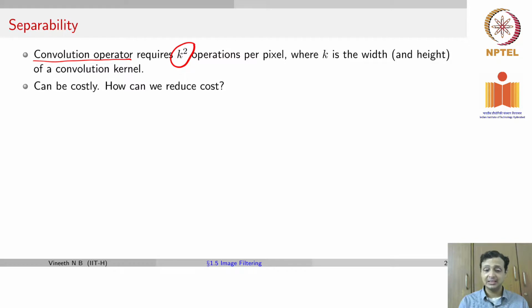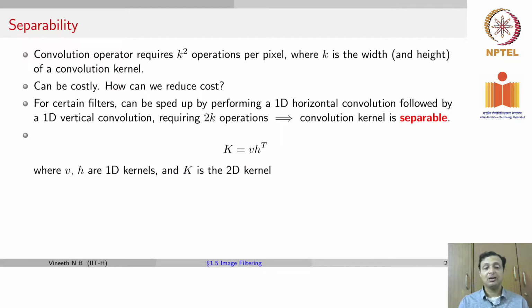It happens that in certain cases you can. For certain kinds of filters, you can speed up the convolution operation by first performing a 1D horizontal convolution followed by a 1D vertical convolution. So you first convolve along each row.